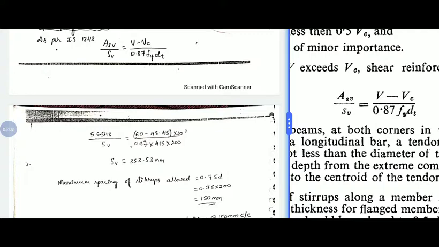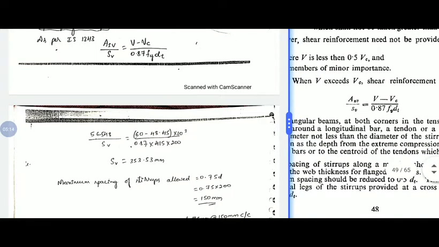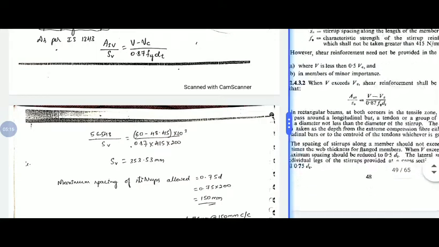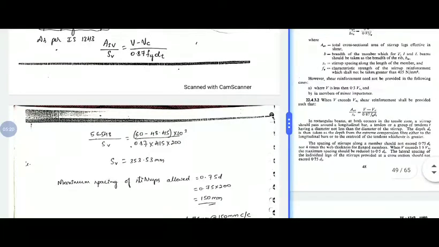On substituting all the values, we will get 353.53 mm as the spacing, but there should be certain limitations to the spacing provided. For that, if you go to the last paragraph on page number 48, it is given that the spacing of the stirrups along the member should not exceed 0.75 dt.